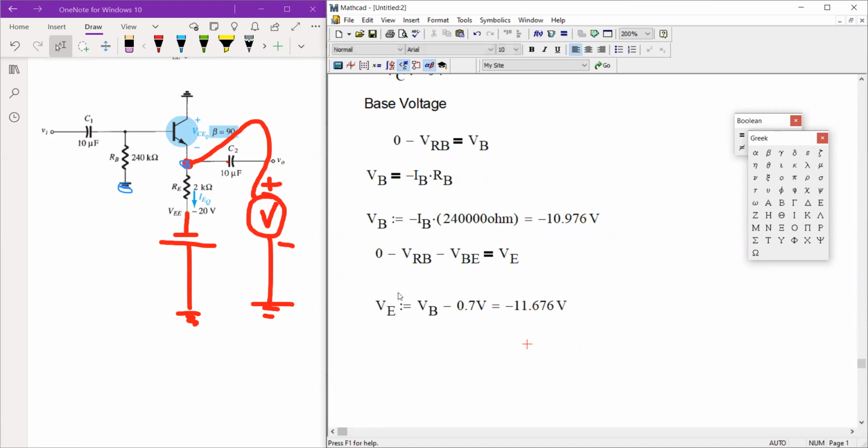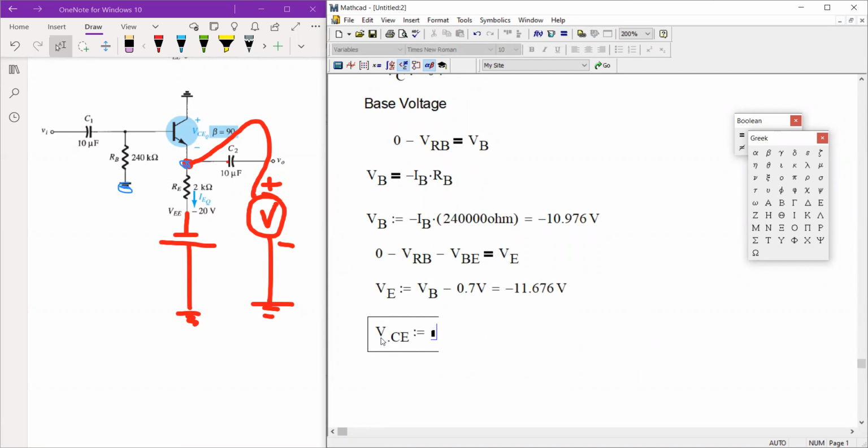Now for common emitter configurations such as this, you will always be asked to solve for V sub CE. So V sub CE is a very important parameter. As we've done previously, this is simply the difference between collector voltage and emitter voltage. We know that the collector voltage is 0 and V sub E is negative 11.676.